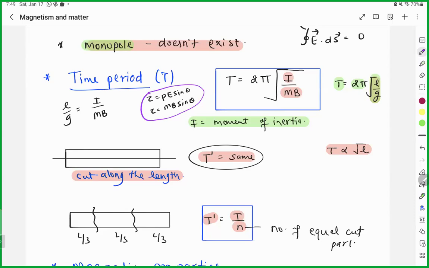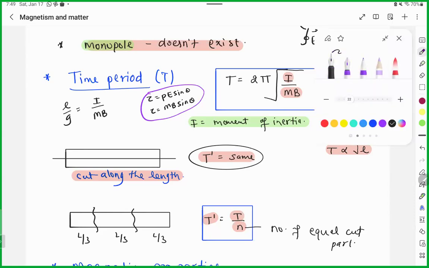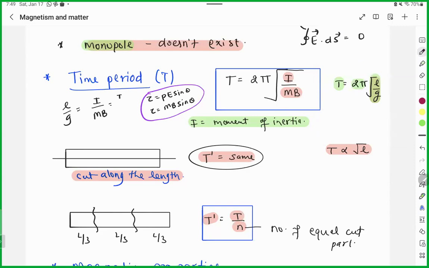So you can also say that here it will be I by torque. You want to see how time period will change. Example, you cut along the length. Length remains the same. That's why time period will also remain the same.